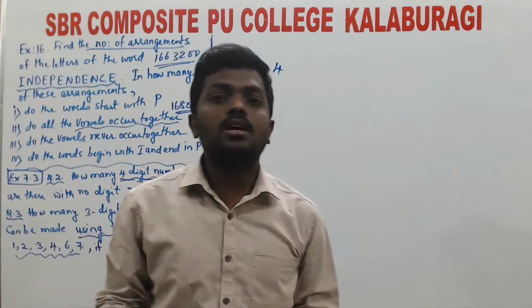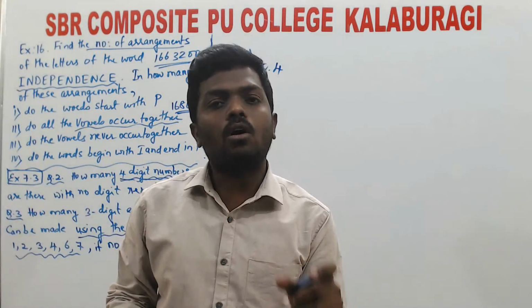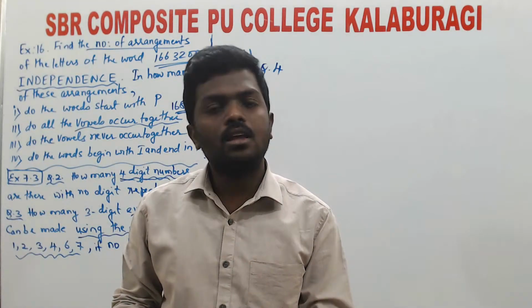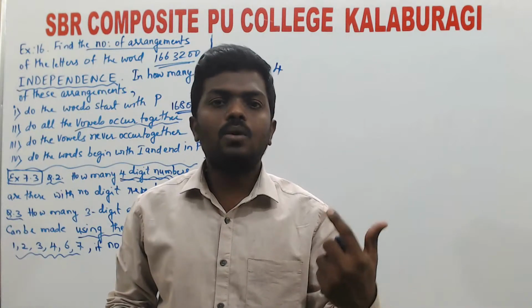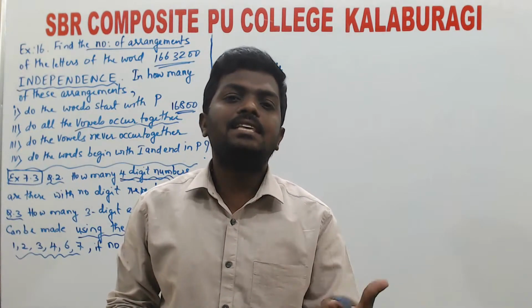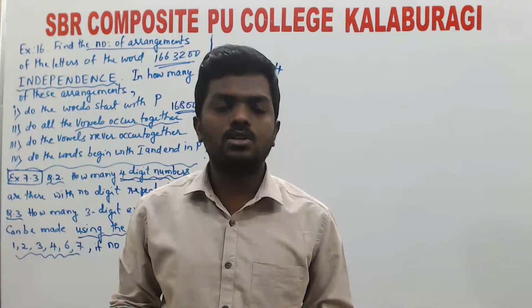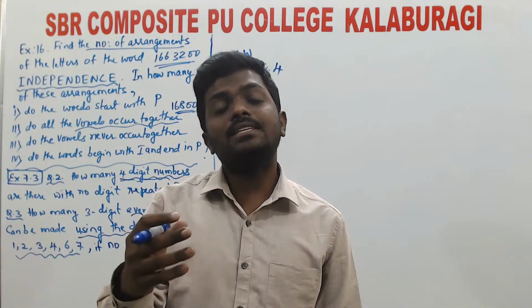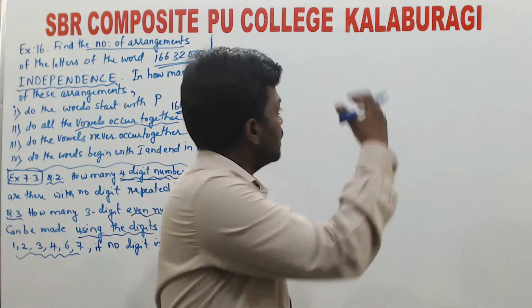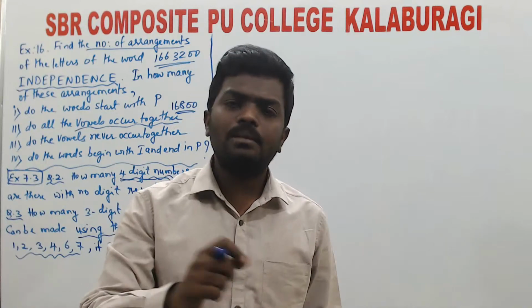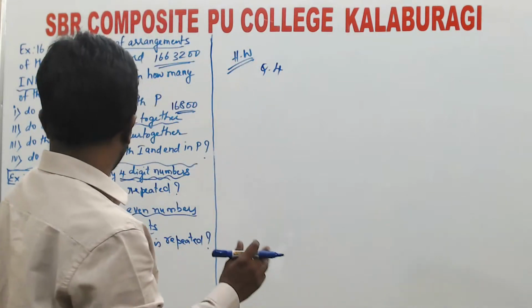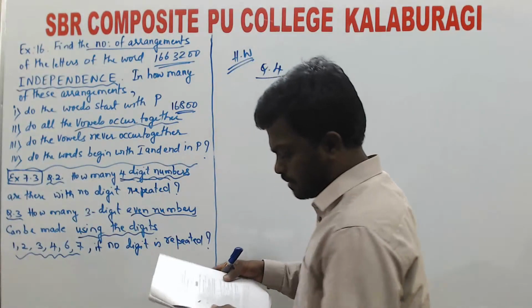If you solve all the worked examples thoroughly, those are enough to understand and solve the exercise 7.3 problems. First understand the worked examples properly, and then the exercise problems will be easily solved by yourself.